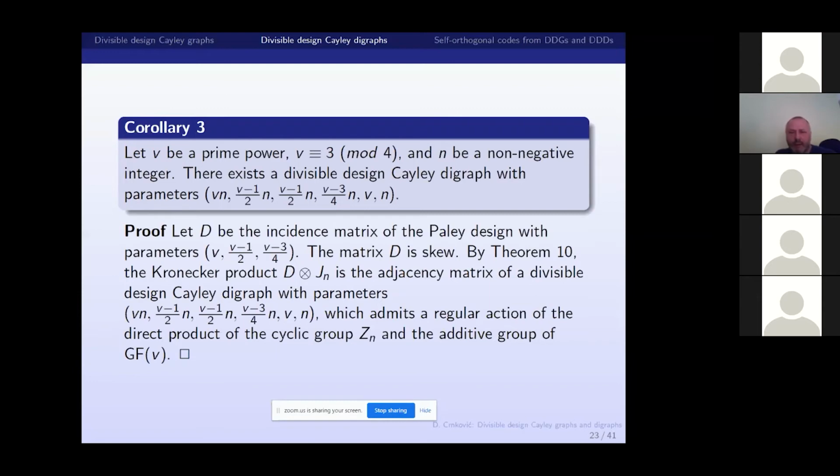I think it is not necessary that I repeat that. We just use this Cayley design instead of any design, and we see that this is a DDD. Also from this construction, knowing the automorphism group of the Cayley design, we conclude that we have a regular action on this structure, and by Sabidussi's theorem, this is a Cayley DDD.